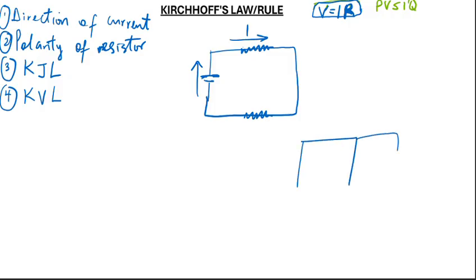Assuming we have a junction like this, it is important to know that the conventional current we are talking about is just an assumption. Before the electron was discovered, that was how they used it back then: okay, this is how current should flow inside the circuit.